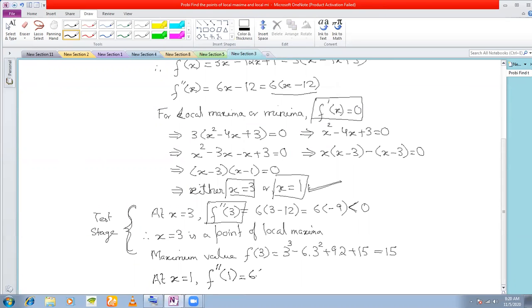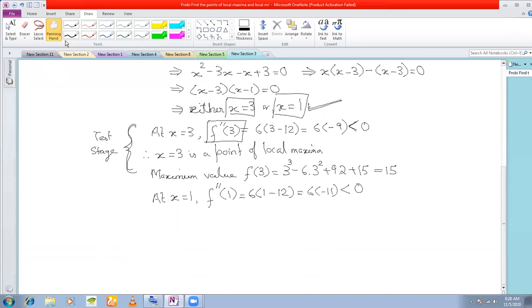So 6 into 1 minus 12, so 6 into minus 6. Again positive or negative? Again negative. That means what is my conclusion? That therefore x is equal to 1 is a point of local maxima.